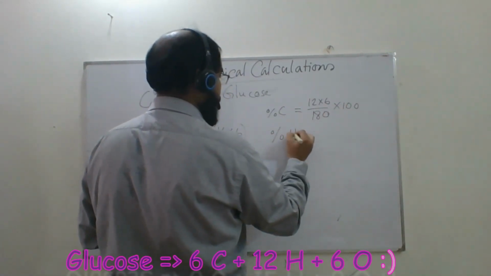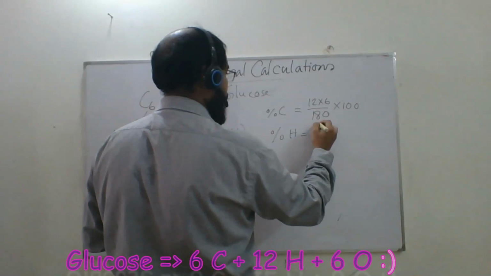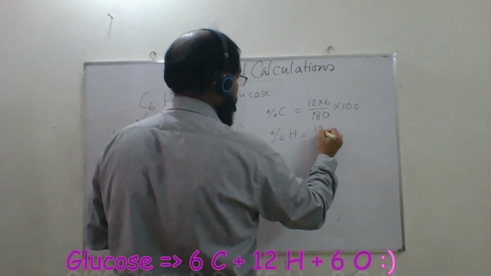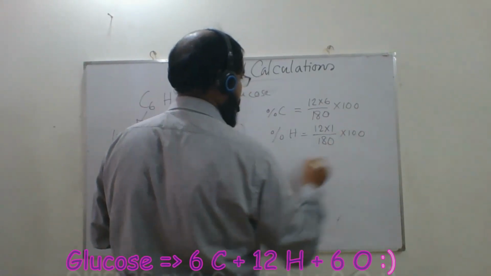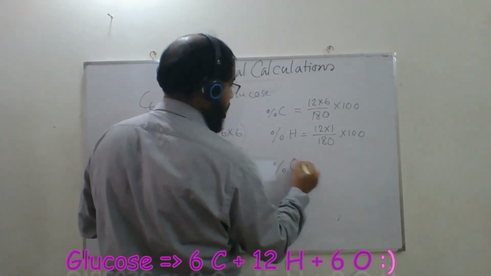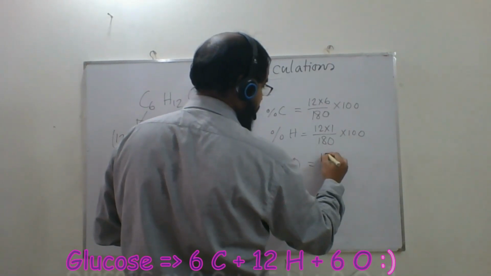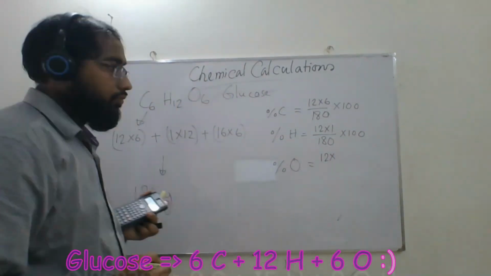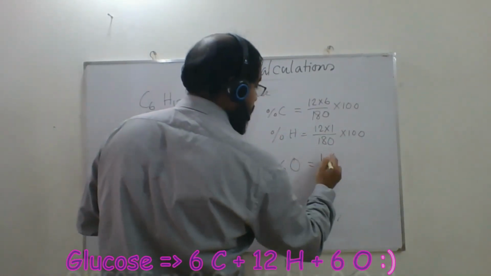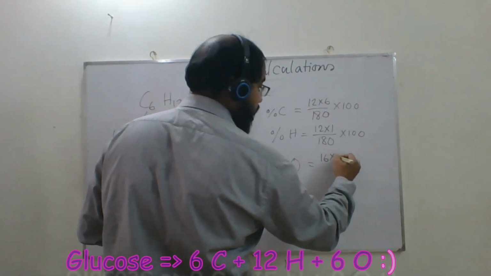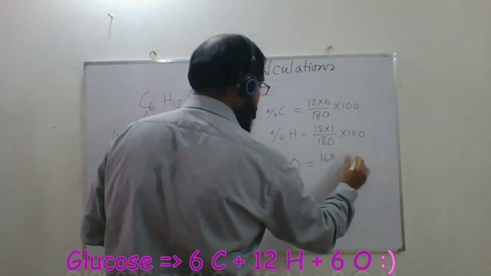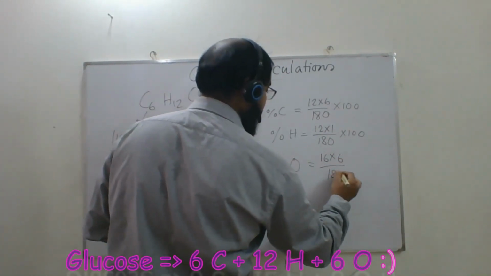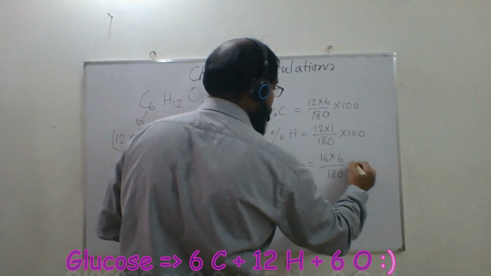Percent of hydrogen will be 1 into 12 divided by 180 into 100, and percent of oxygen will be 16 into 6 divided by 180 into 100.